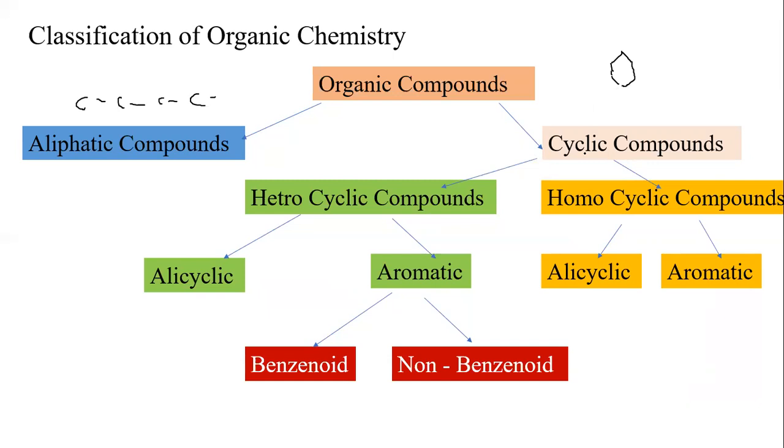Cyclic compounds are further classified into heterocyclic and homocyclic compounds, which are again divided into alicyclic and aromatic, right, students? And aromatic compounds are classified into benzenoid and non-benzenoid compounds.